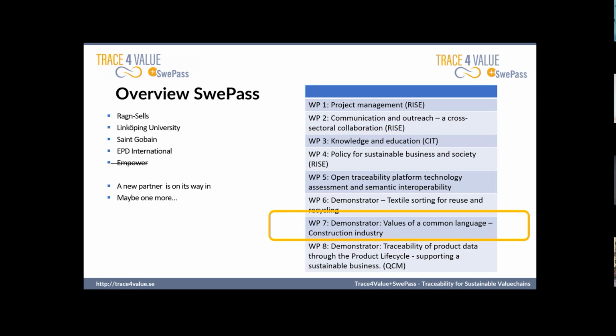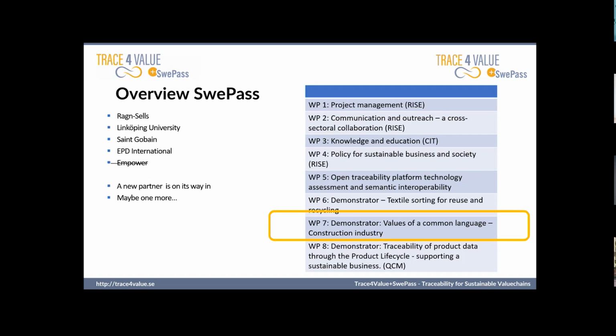So we are looking at the different perspectives. The perspective of EPD is included in our work package. Therefore, we have EPD International on board, who creates EPDs, which stands for Environmental Product Declarations, here in Sweden. We did have a partner before called Empower, but unfortunately they had to leave the project.